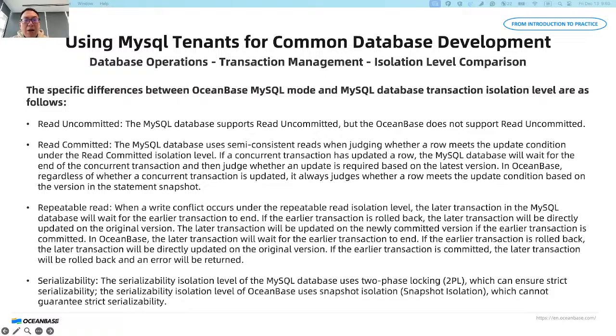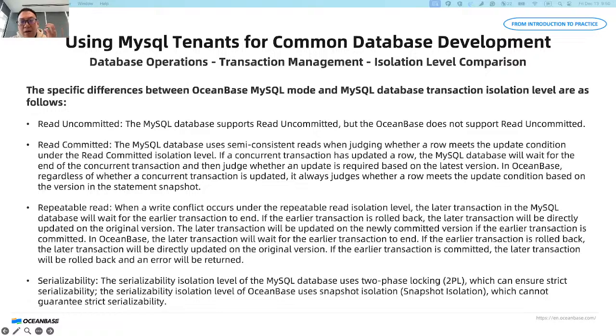And the third one, repeatable read. In the repeatable read isolation level, MySQL handles read conflicts by making the later transaction wait for the earlier transaction to complete. If the earlier transaction is rolled back, the later transaction updates the original version.